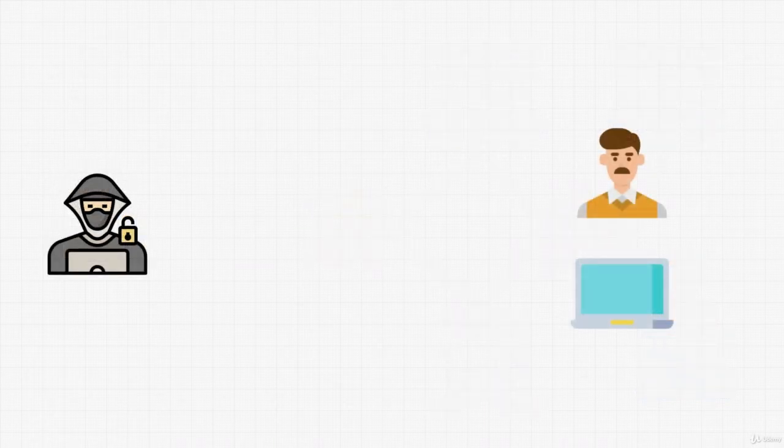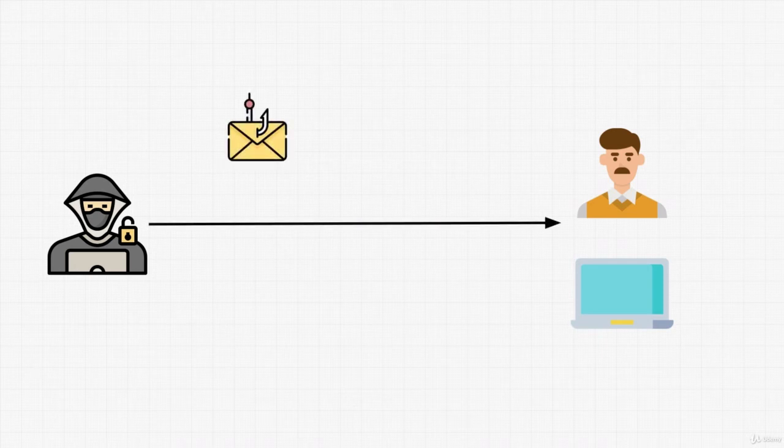John likes cars. He usually searches for car pictures and videos while working. One day he gets an email from a person that has an email name exactly the same as his colleague. In that email, there is a car picture. He sees that the email is coming from his colleague, so he doesn't question it. Therefore, he opens that picture at work, and it indeed is a car picture.